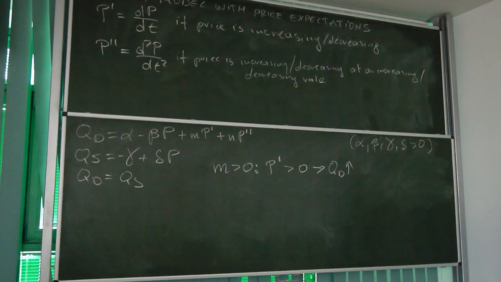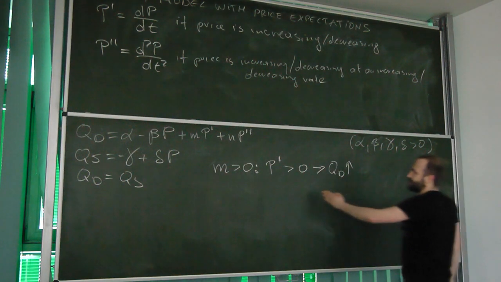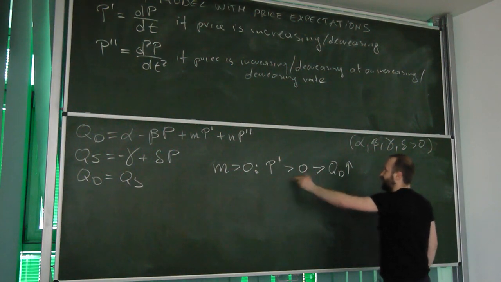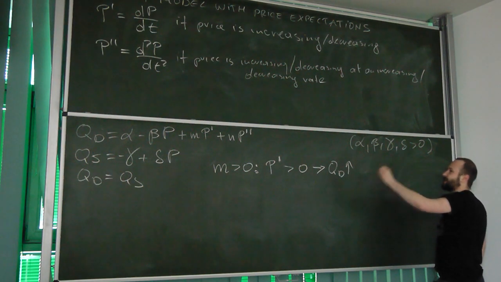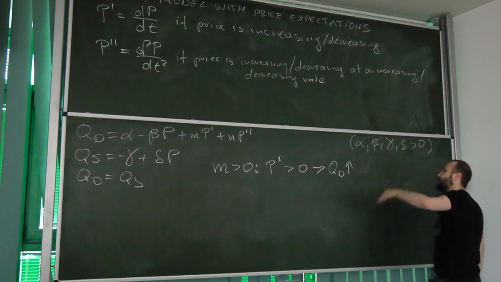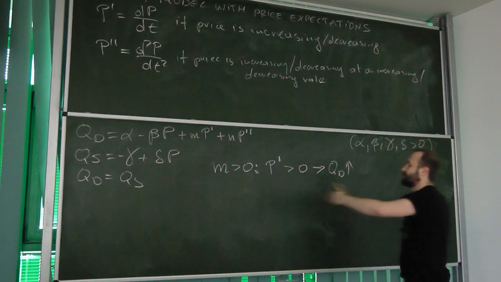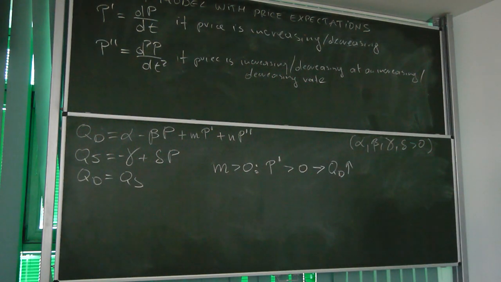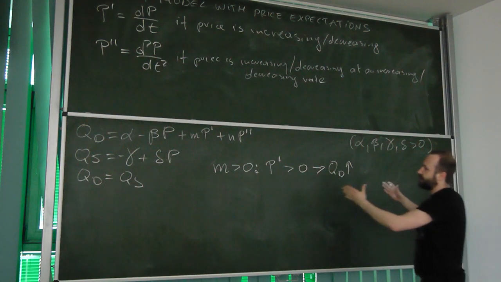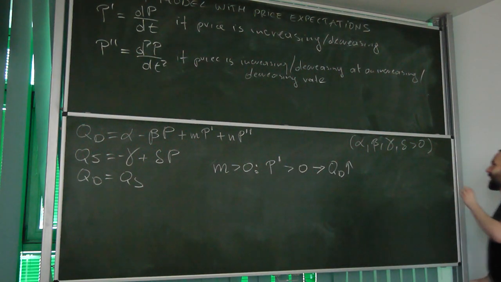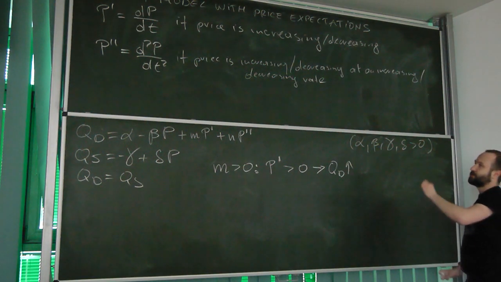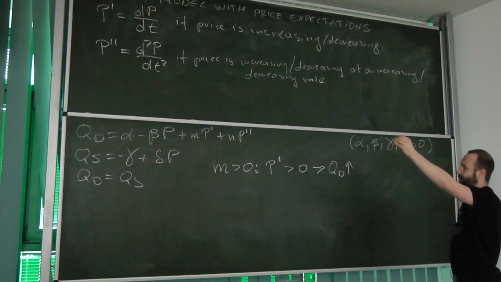What does it imply for expectations? Look, if price is increasing and people buy more, it means people expect that the price trend will continue into the future and the price is going to increase even more. So consequently, here people buy more today in order to avoid even higher price in the future.